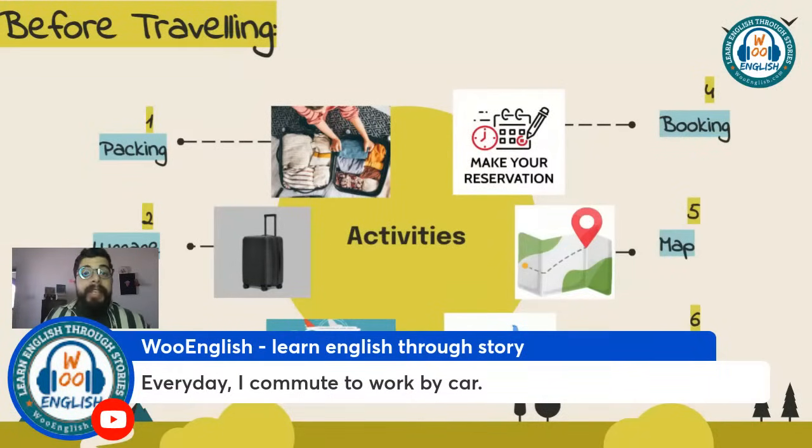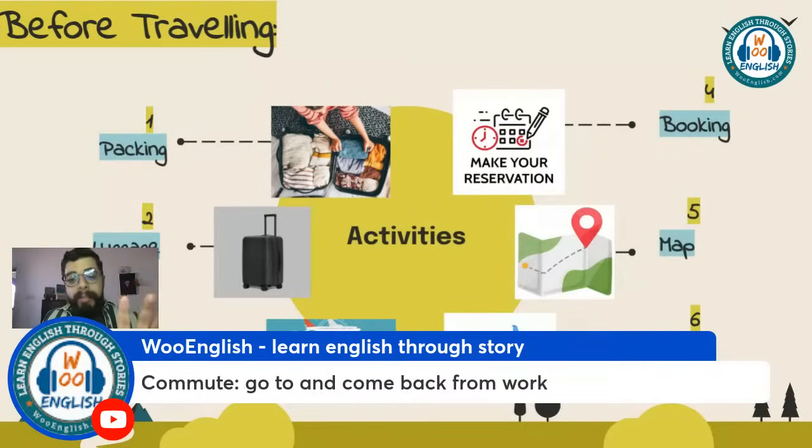I can ask you a question, for example, how do you commute to work? Do you go by bus? Do you go by car? Do you go by train? So this is the difference between commuting and traveling. I hope I answered your question, Hussein. If I didn't, please let me know if you need any more details.